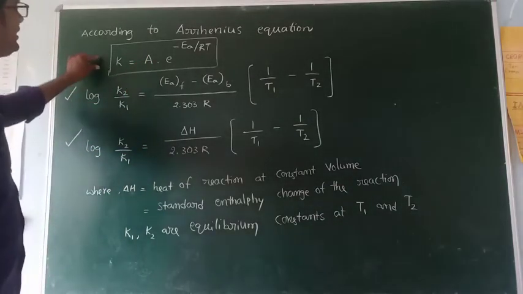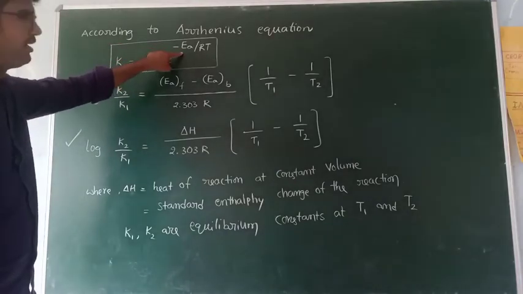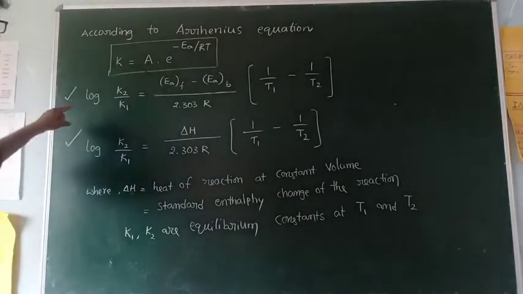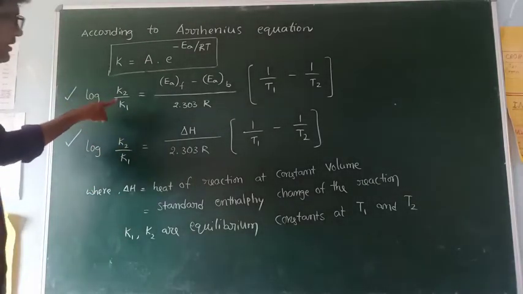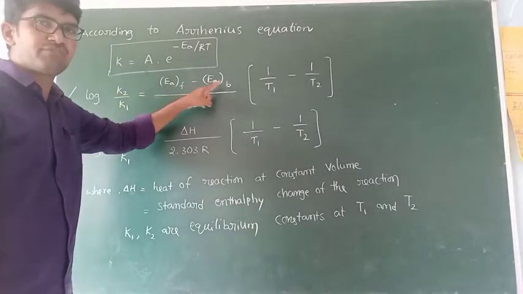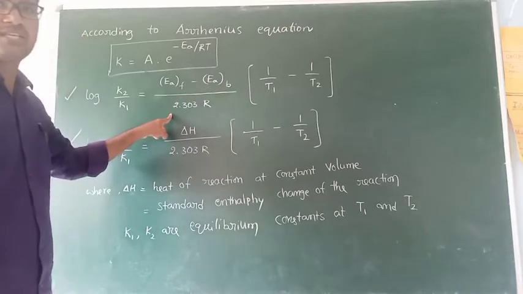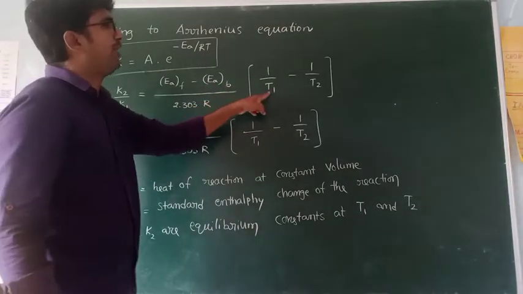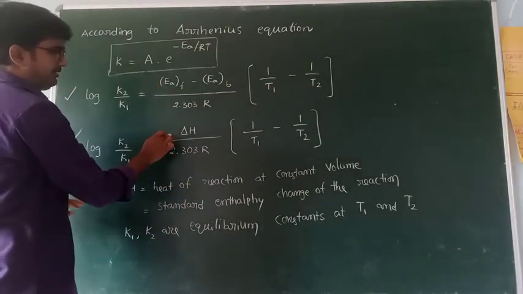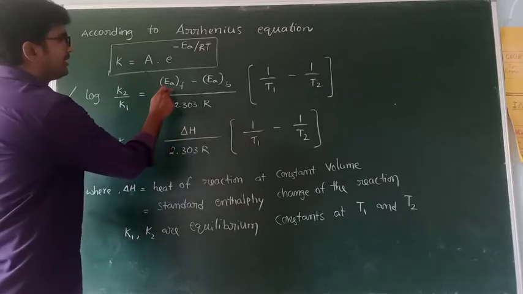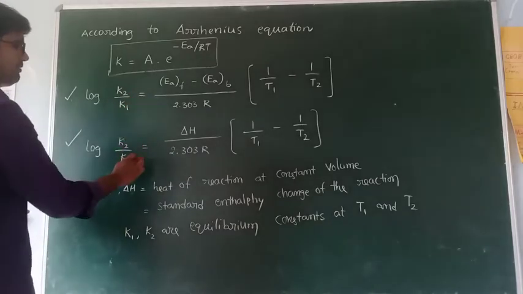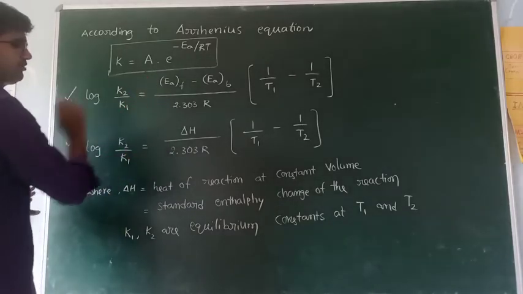By solving this equation, we finally get one important equation: log K2 by K1 equals activation energy for forward reaction minus activation energy for backward reaction by 2.303 into R into (1 by T1 minus 1 by T2). This is equal to delta H. So delta H is equal to Ea forward minus Ea backward. Both are the same equation, just converted from one form to the other.